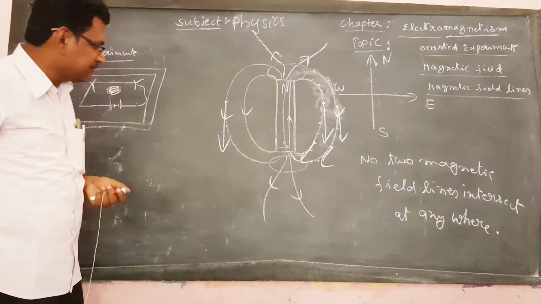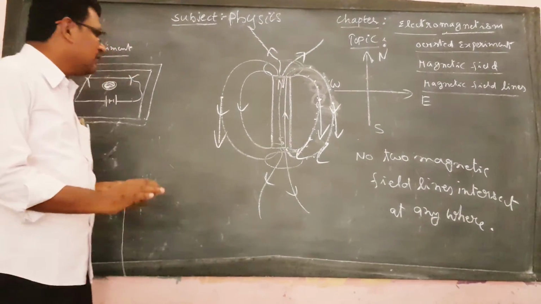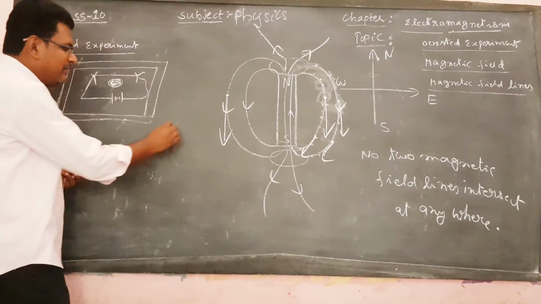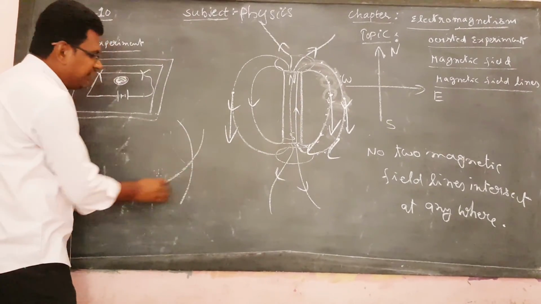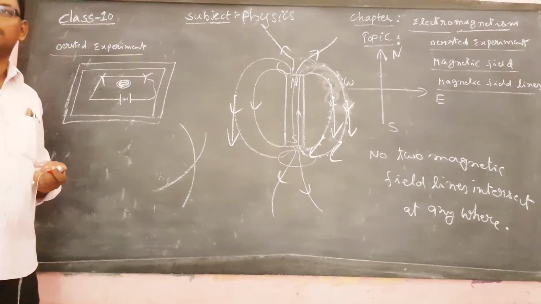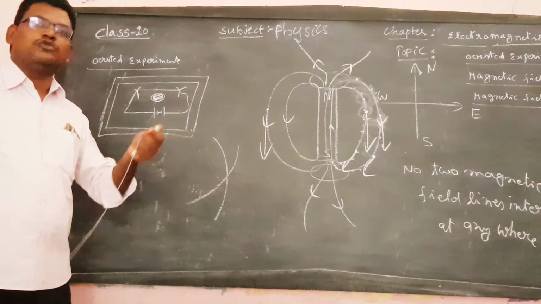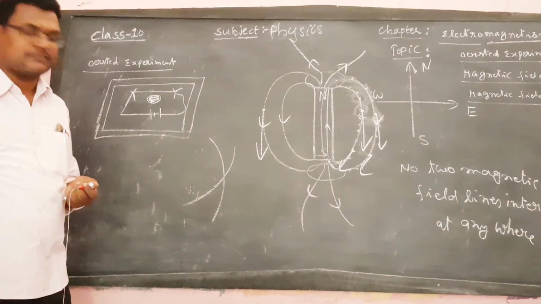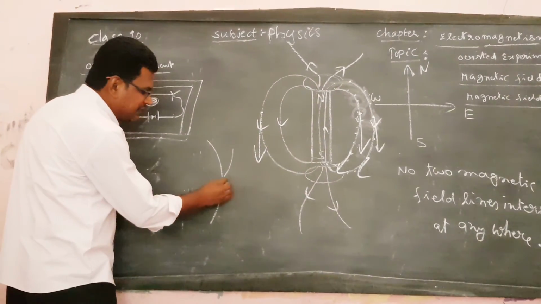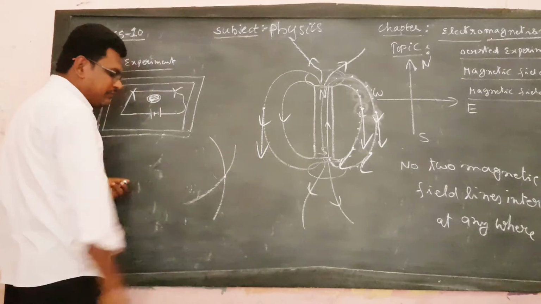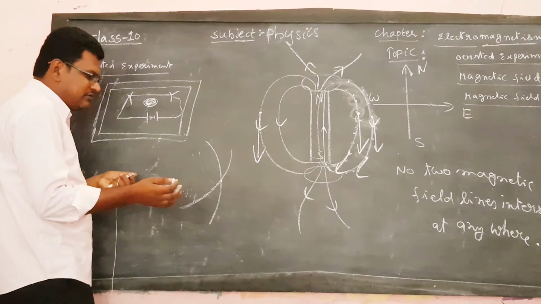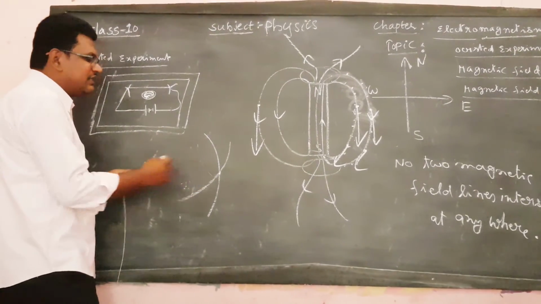Suppose at some point two magnetic field lines intersect. At the intersecting point, to know the direction, we should draw the tangent.